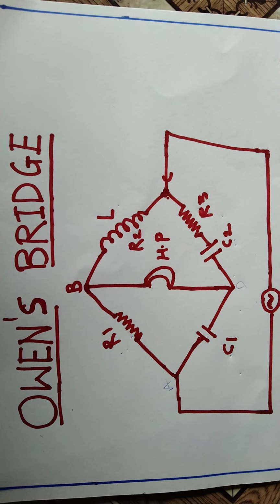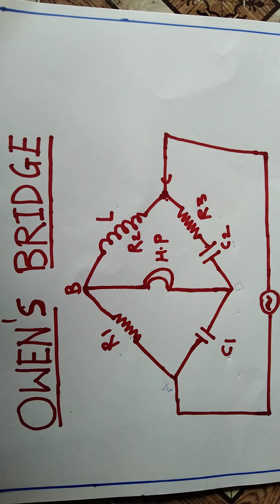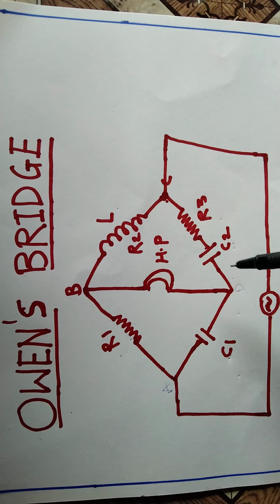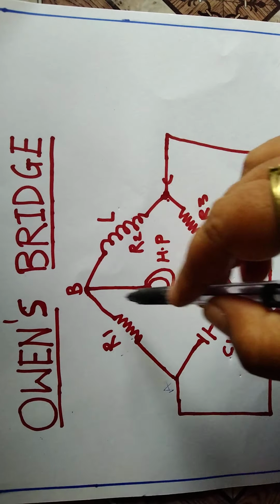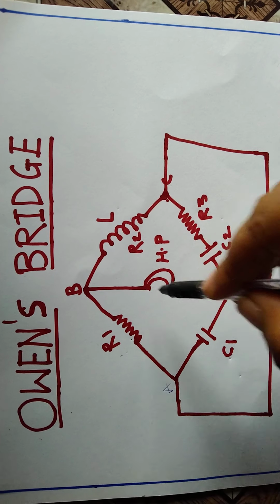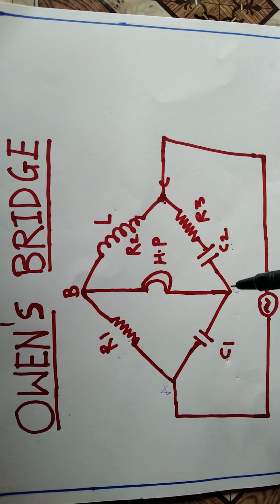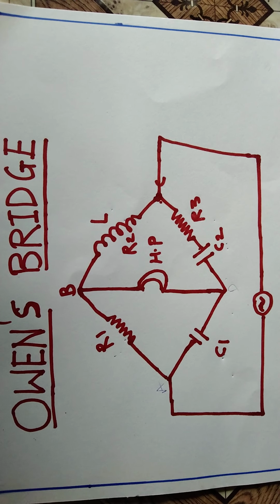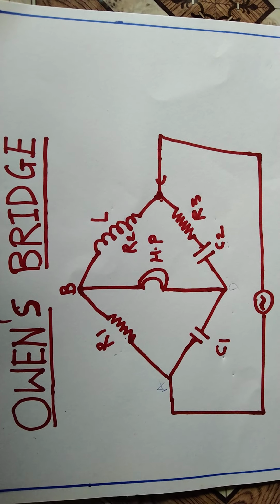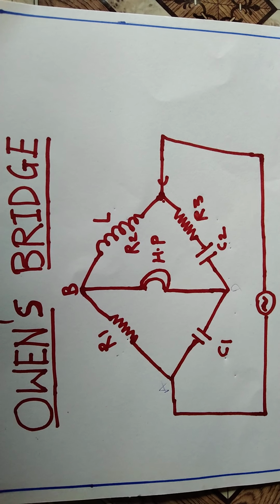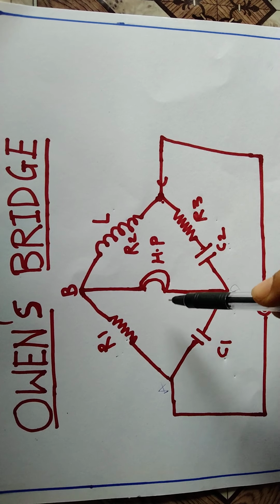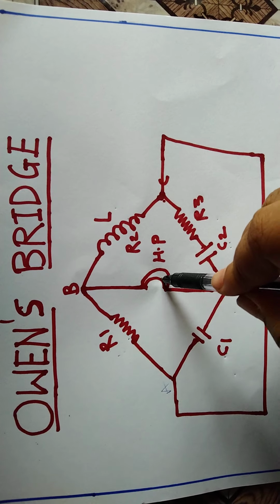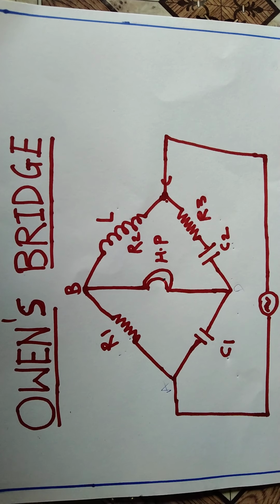The four arms are AB, BC, CD and DA. BD consists of a headphone. It is a detector. The detector will be either a tunable circuit, a vibration galvanometer, or a headphone. Here we connected a headphone.